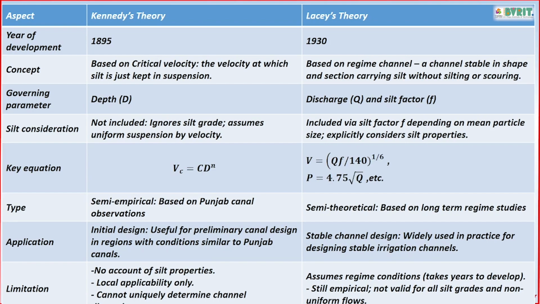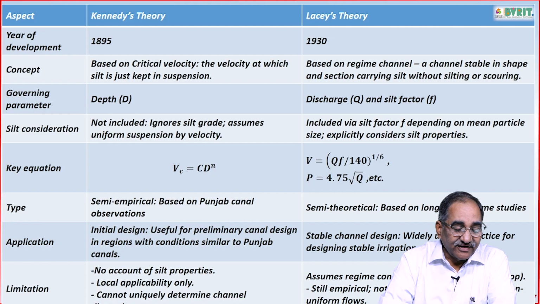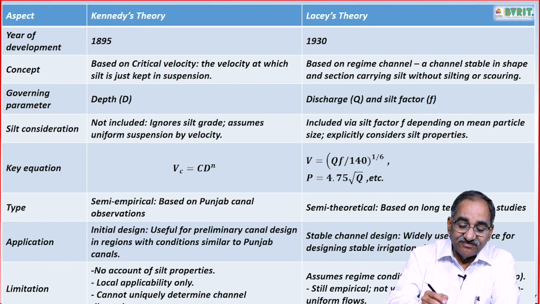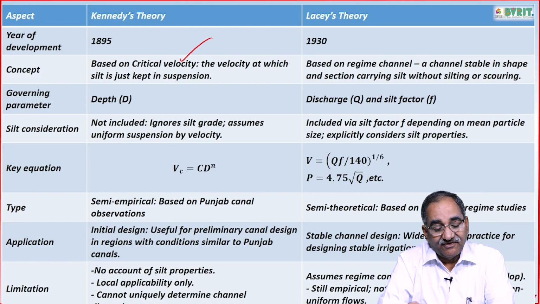Now finally, let me compare Kennedy's theory with Lacey's theory. First thing is year of development. Kennedy's theory was developed in 1895, whereas Lacey's theory was developed in 1930, almost 35 years after Kennedy's theory. Concept: Kennedy's theory is based on critical velocity, the velocity at which the silt is kept in suspension.